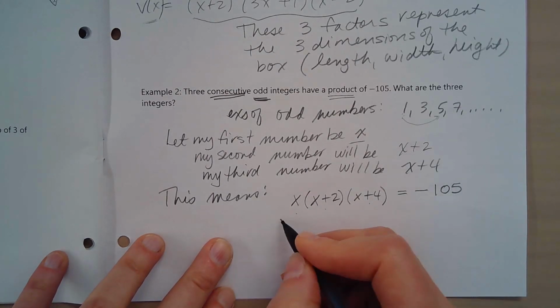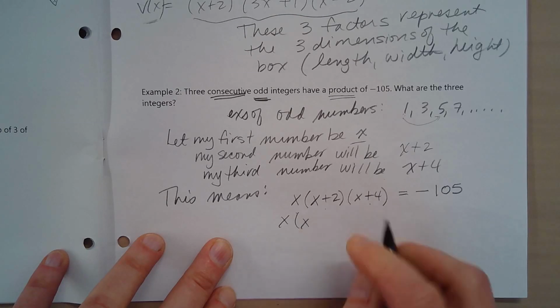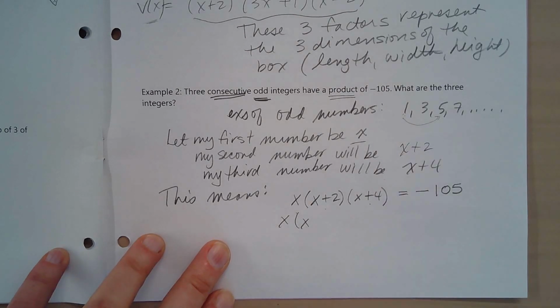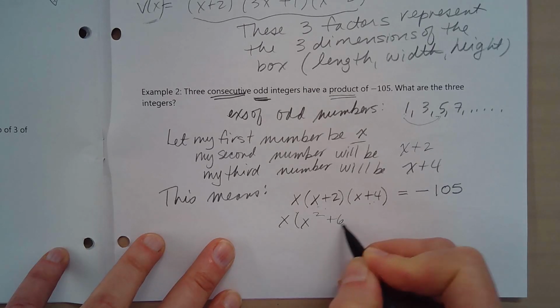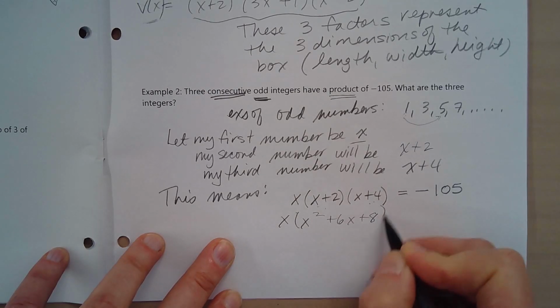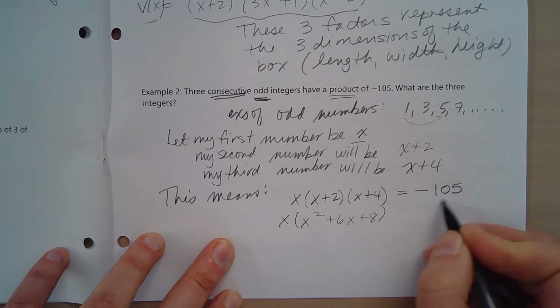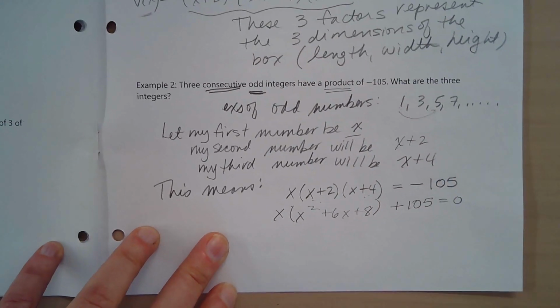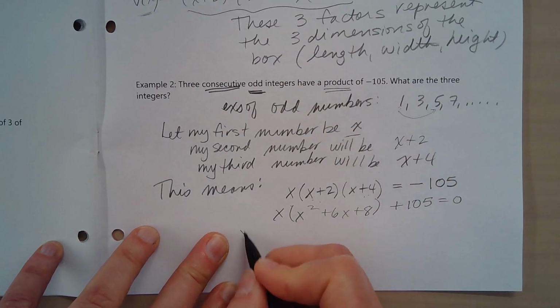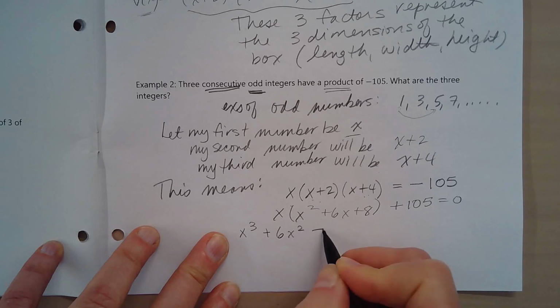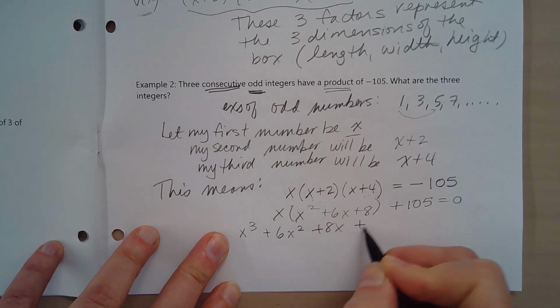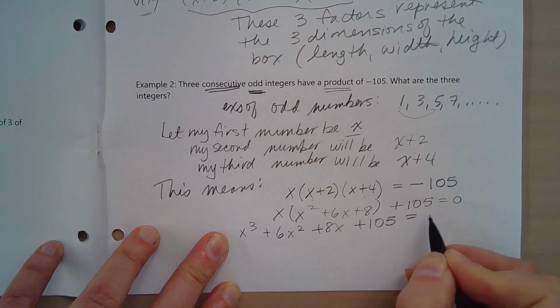We're going to come back to this one and do it using graphing technology when we start that, just so you can see how nice technology makes our lives. And then I'd move my 105 over, right? Then I'm going to get x cubed plus 6x squared plus 8x plus 105 equals 0.